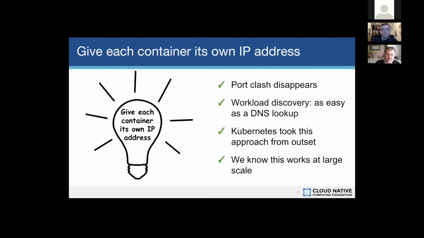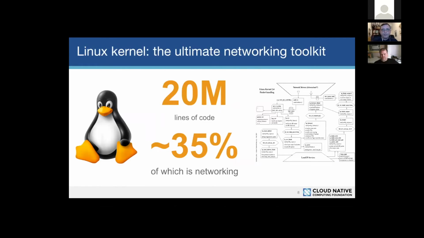However, in order to do this, you now need to do a little bit more networking in the host than a simple bridge. So how are we going to do that? What are we going to do within the host to make sure that each pod can get its own IP address? Yeah, how indeed. Well, it turns out there's a huge array of facilities in the Linux kernel dedicated to networking.